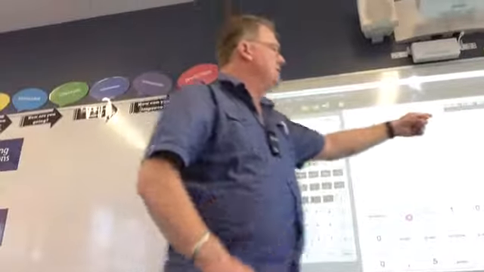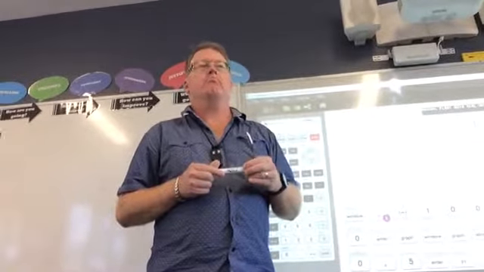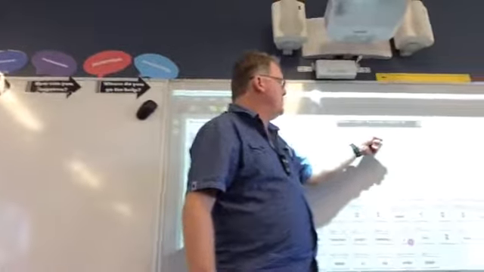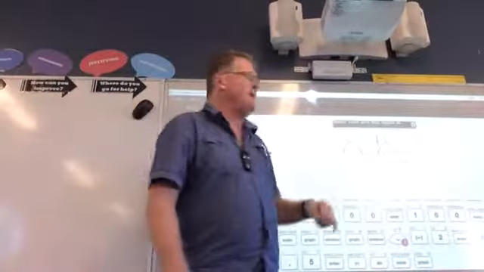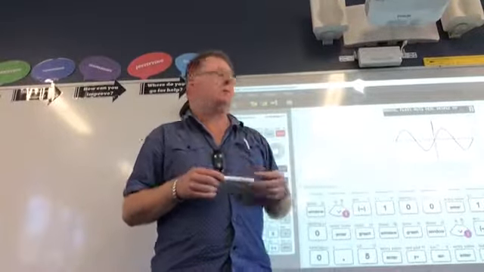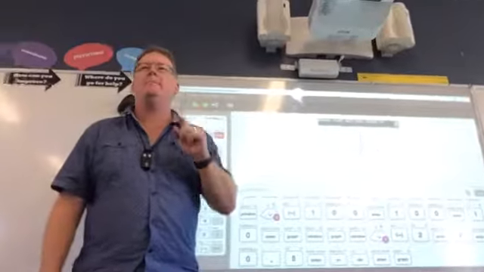Okay? What's this graph's amplitude? 1. You all set up your graph, you know that they go up in halves, so that's 1, that's 2, that's minus 1, that's minus 2. The amplitude is 1. Where's the mean position? Be more specific. 0 is not the mean position, that's a point.